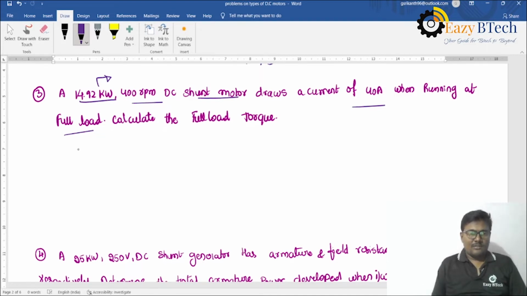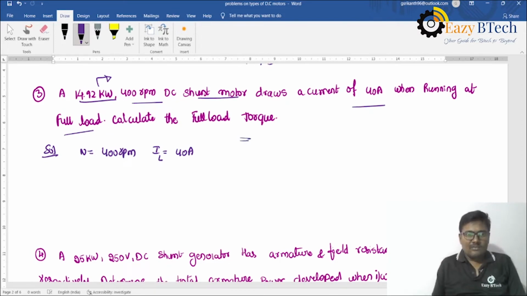So the solution is: speed is equal to 400 RPM, and IL is equal to 40 amperes.